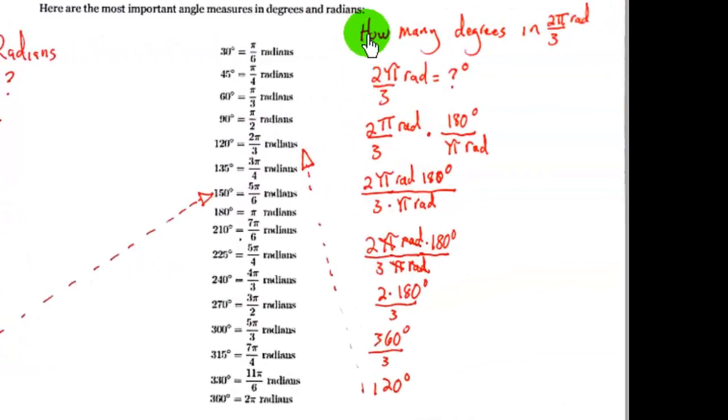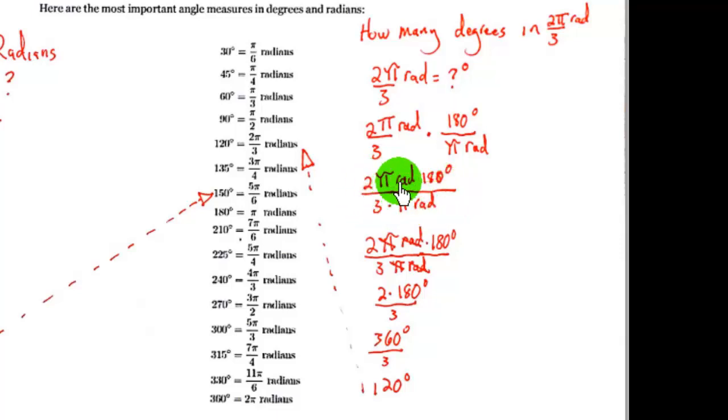To go the other way, if you know the amount of radians and you want to figure out the amount of degrees, then instead of multiplying by pi radians over 180 degrees, you multiply by 180 degrees over pi radians. So if you're given 2 pi over 3 radians and you want to figure out the number of degrees, you simply take 2 pi over 3 radians, multiply by 180 degrees divided by pi radians, and write it all as one fraction.